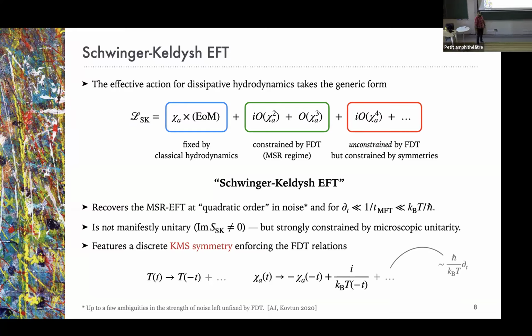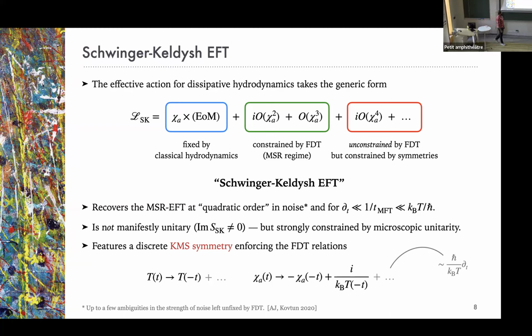Nonetheless, it will not be manifestly unitary. There will be an imaginary part of the theory, just like in the MSR case, but it will be strongly constrained by unitarity of the microscopic theory. Whatever this complication is, however this theory might have an imaginary part, all of this has to boil down to the fact that it is coming from a microscopic theory that is perfectly unitary and has a very well-defined Hamiltonian. In that case, there will be some constraints.